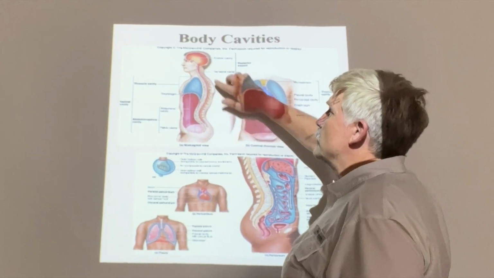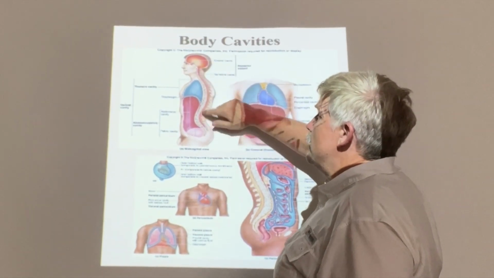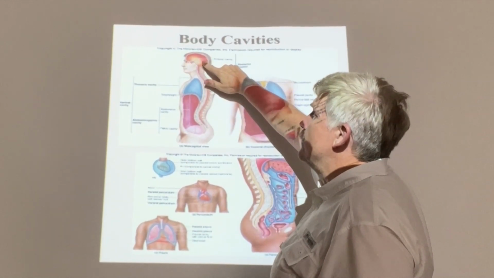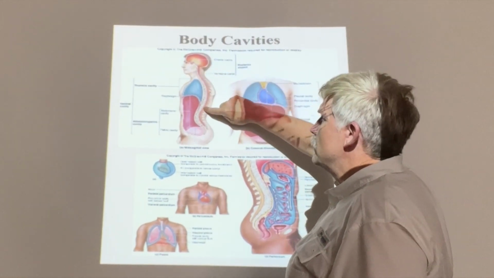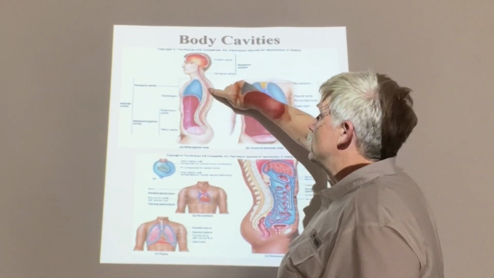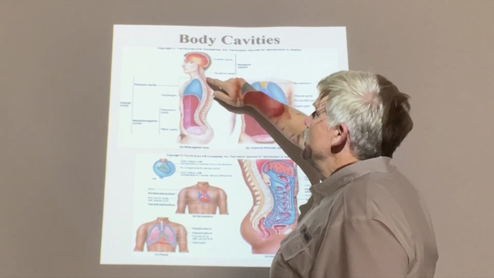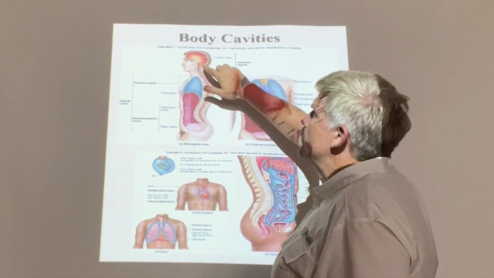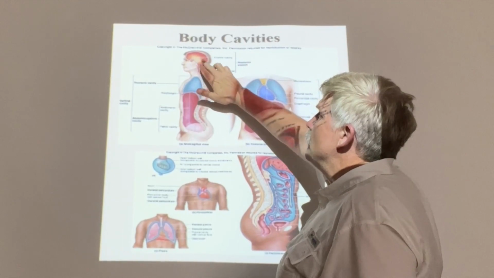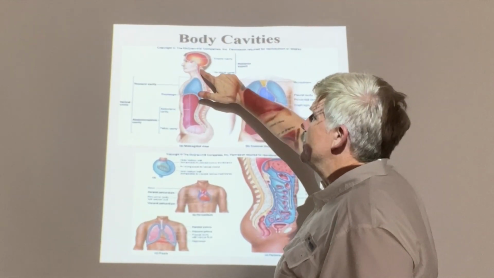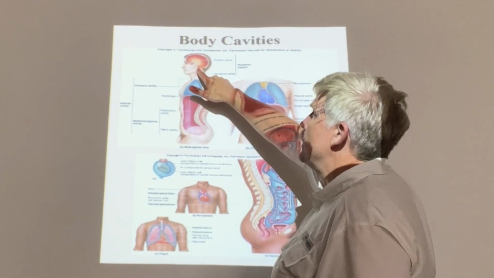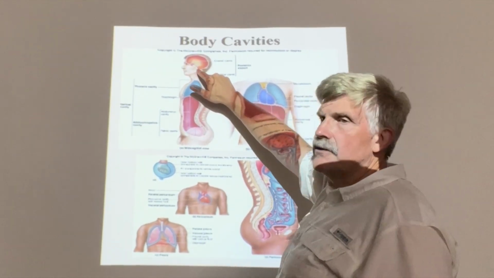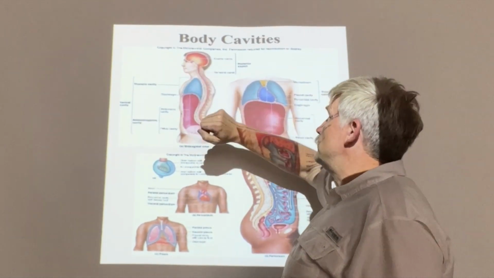We have a dorsal body cavity that is composed of the cranial cavity and the vertebral canal or vertebral cavity. The point at which I stop being within the cranial cavity and am within the vertebral canal is this opening right here, and that is the foramen magnum of the skull.